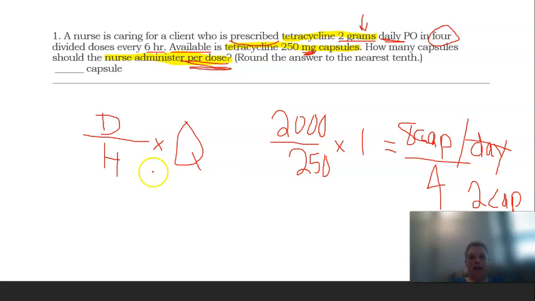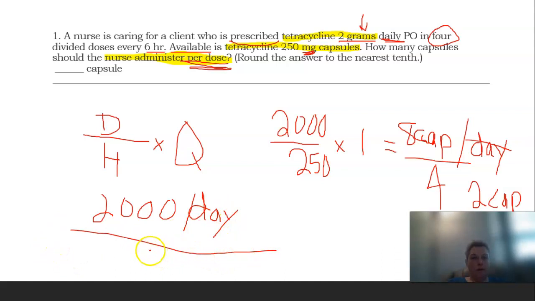How else could I have done that? I could have said, oh, 2,000 per day and they want me to do it in 4 doses. And that would have given me, what's 2,000 divided by 4?